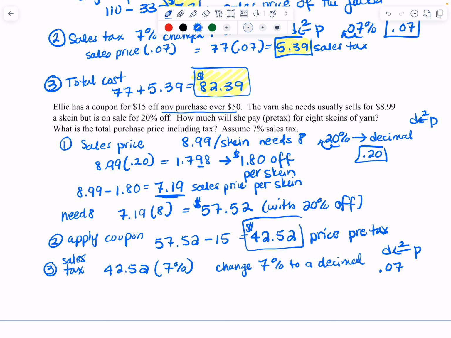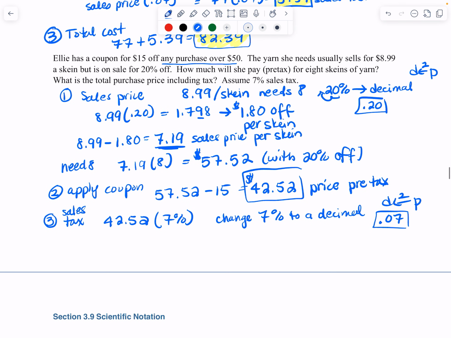So 0.07 is what I'm going to use. $42.52 times 0.07 equals 2.9764. Again, we're dealing with money, so we're going to the hundredths place. The 7 is in the hundredths place, but there's a 6 behind it, so I'm going to have to round up. So 2.98 is going to be the sales tax.